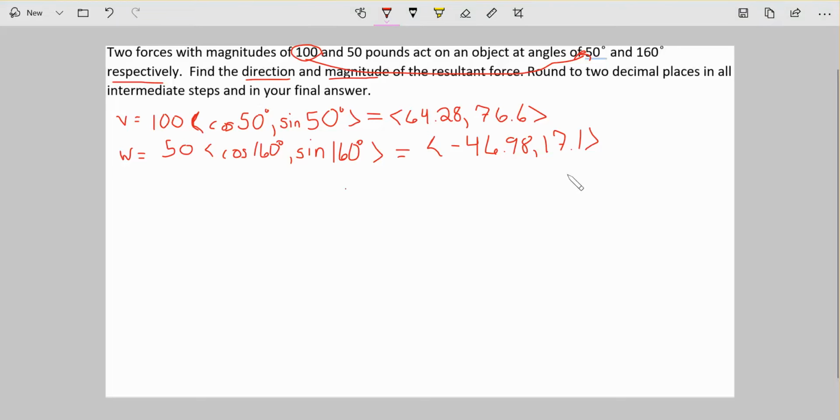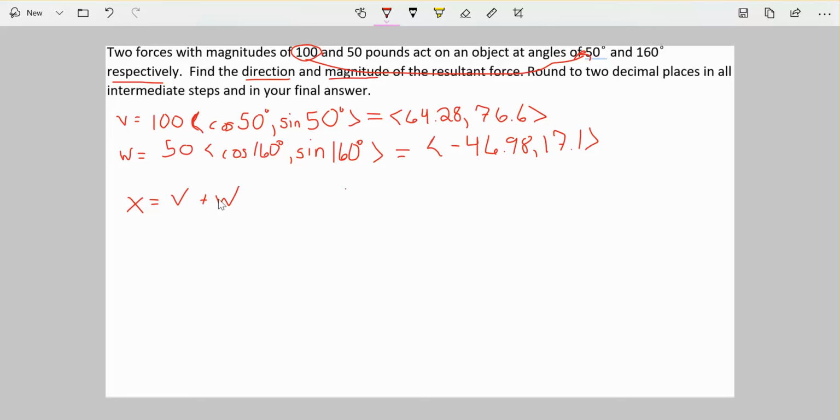Okay, so now I have my original two vectors. So what I need to do is create a vector that combines v and w. So I'm going to create vector x, and vector x is going to be vector v plus vector w.